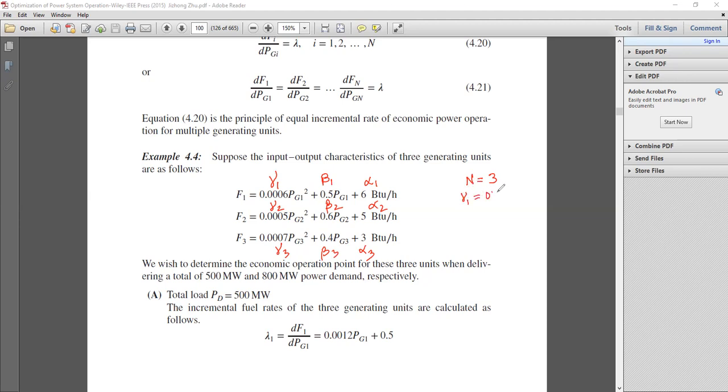Gamma 1 is 0.0006. Beta 1 is 0.5. Gamma 2 is 0.000005. Beta 2 is 0.6. Gamma 3 is 0.0007. Beta 3 is 0.4. So these are the values. These are the fuel costs.